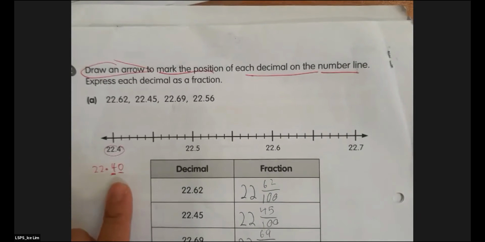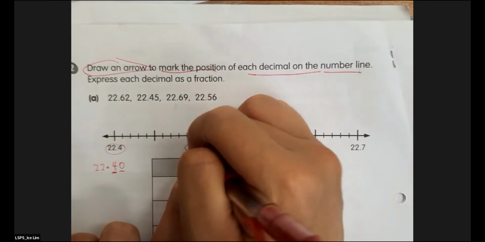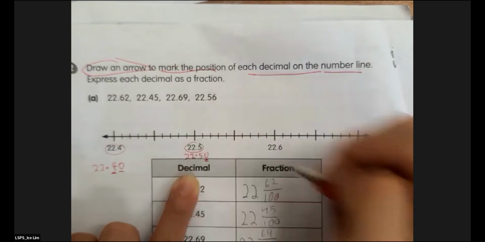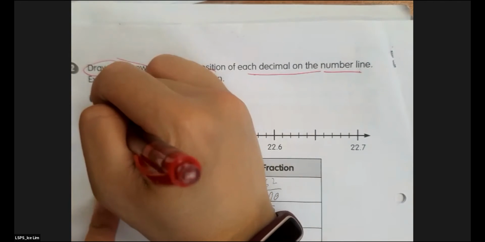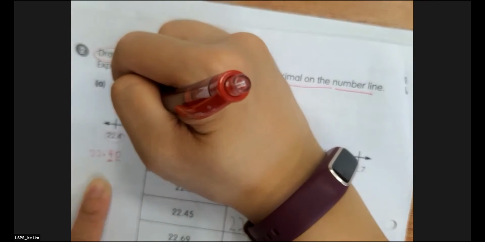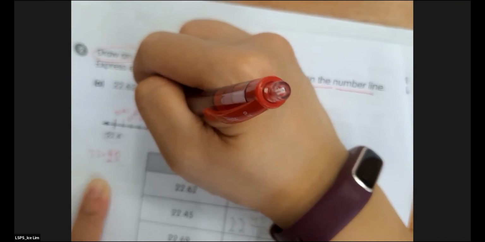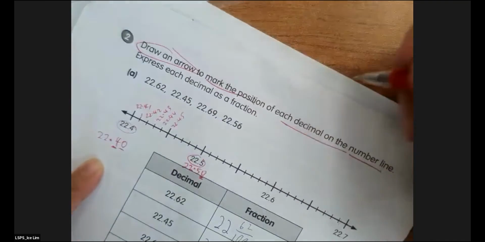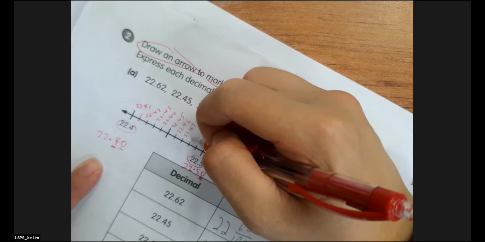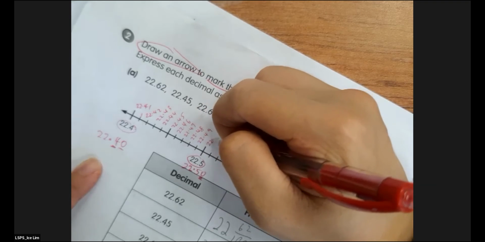Can you understand that? Then I can reimagine 22.5 and rewrite it as 22.50. And I can go 22.41, 22.42, 22.43, 22.44, 22.45, 22.46, 22.47, 22.48, 22.49, 22.50.